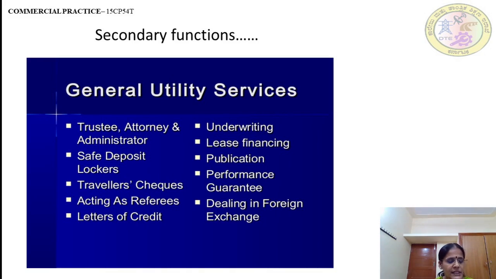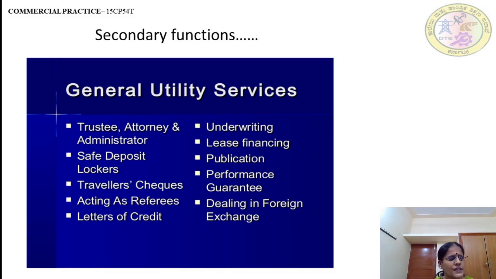What are those various other services given by the banker towards his customer? They are called general utility services. The general utility services given by the banker towards the customer are acting as a trustee, attorney, administrator.